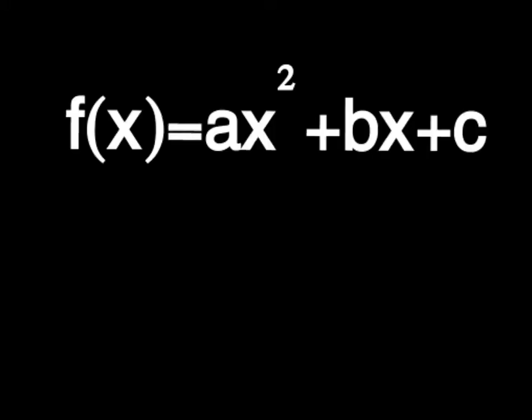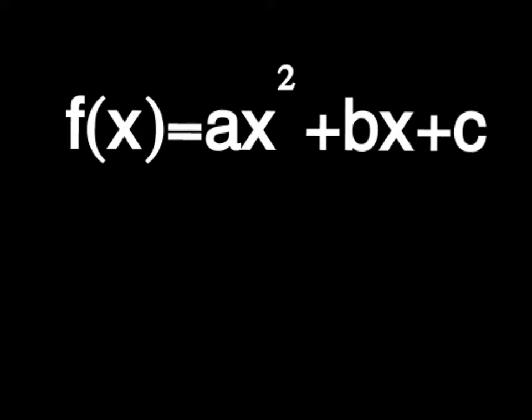This right here is an example of what a quadratic function is going to look like. We know this because the greatest exponent is a 2. So in order to be a quadratic function, the greatest exponent has to be 2. These functions can have a quadratic term, a linear term, and a constant term.